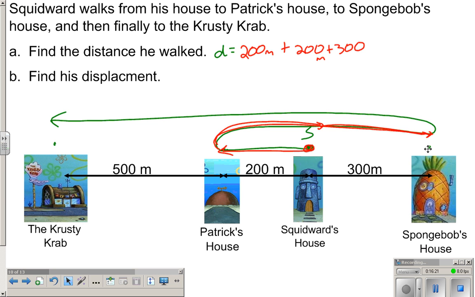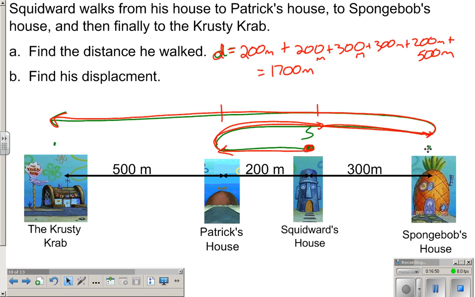These are all meters. All right, and then finally, once he gets to SpongeBob's, he's got to go all the way back, which means he's going to have to go 300 meters, 200 meters, and 500 meters. Okay, so that's how we're going to find the distance. So grab your calculator and add those up. I believe that adds up to 1,700 meters.